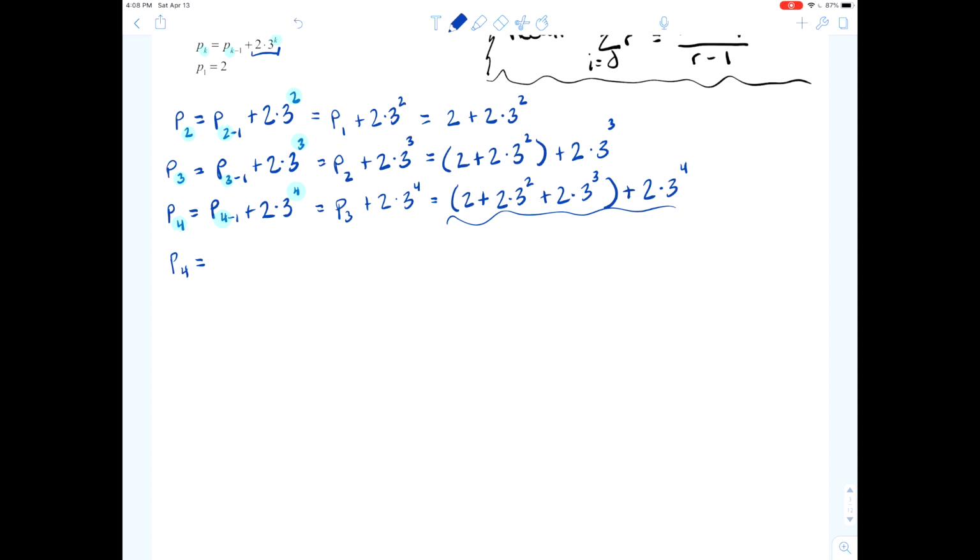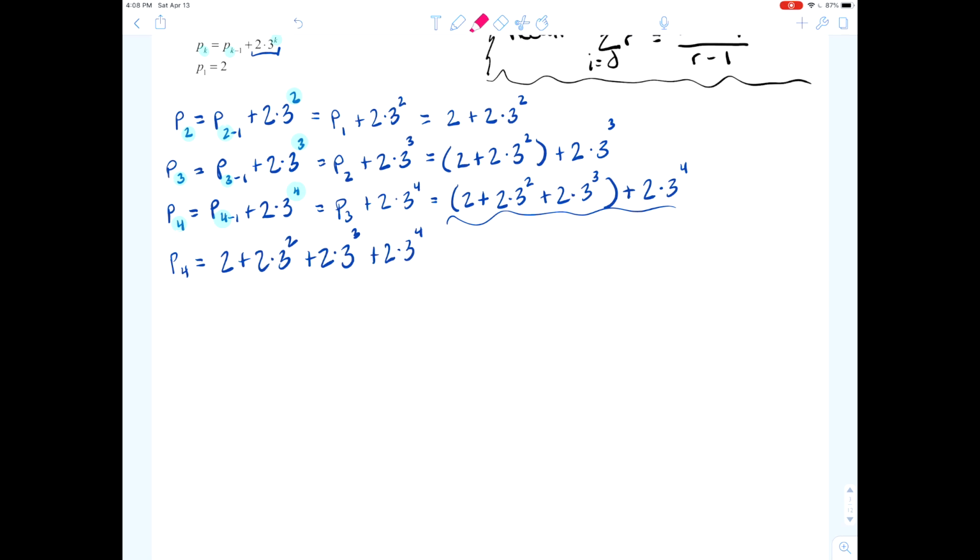Well, we could certainly write it like this, couldn't we? We could just write it like 2 plus 2 times 3 squared plus 2 times 3 cubed plus 2 times 3 to the 4th, because those parentheses were just grouping what the term before was, right?